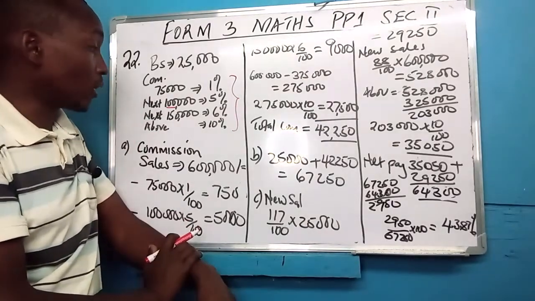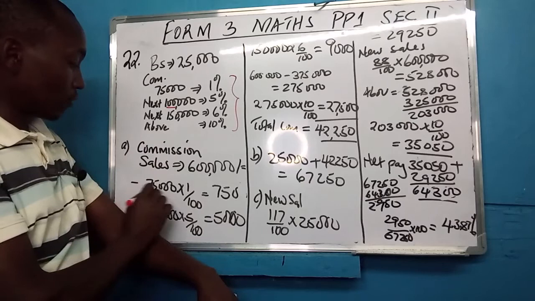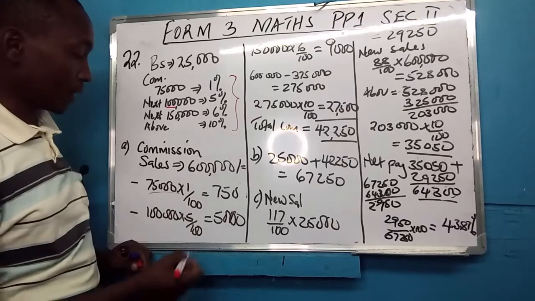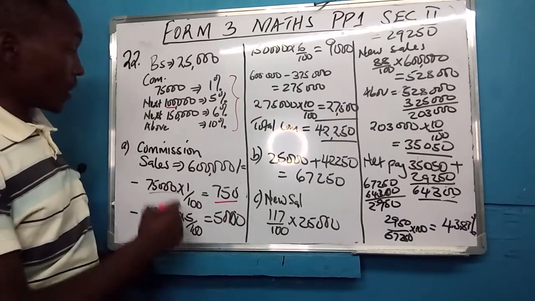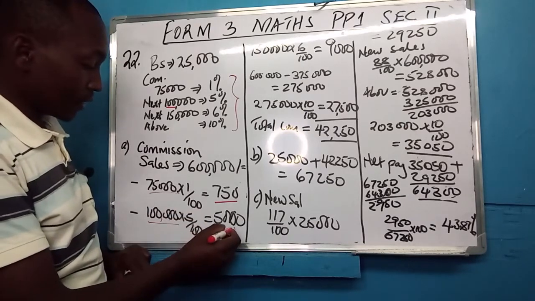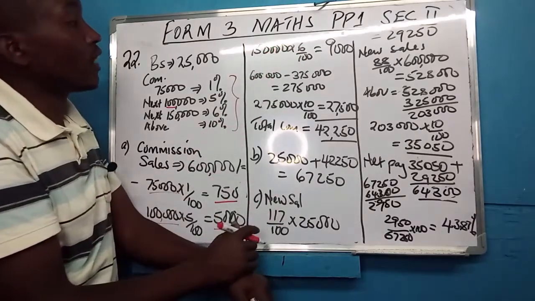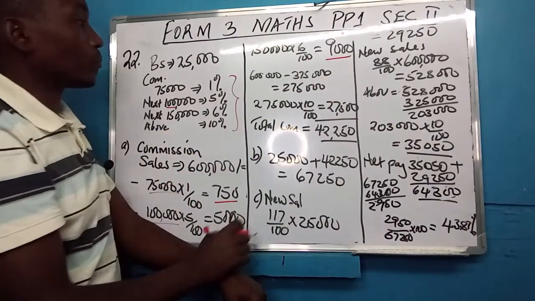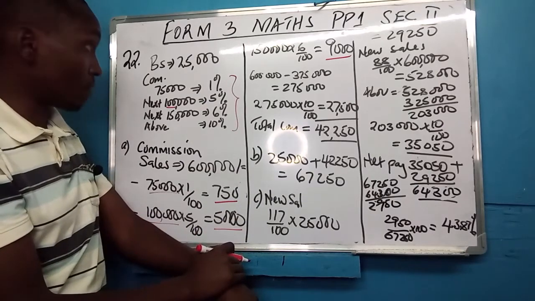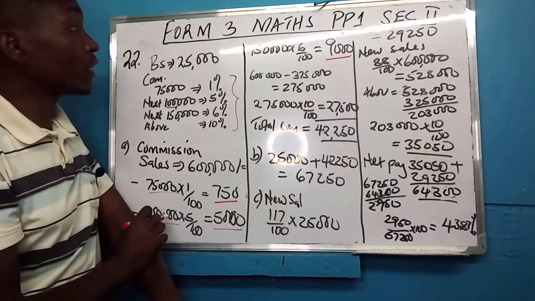Question 1 is you work out the commission that this lady got. So what you do with the first 75,000 sales, you multiply by 1%, so that is 750. The next 100,000 is 5%, that gives you 5,000. The next 150,000 at 6% gives 9,000. Then you need to calculate what is above. It will be addition of 75 and 100, that's 175.